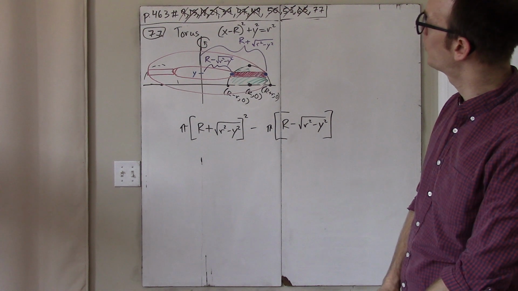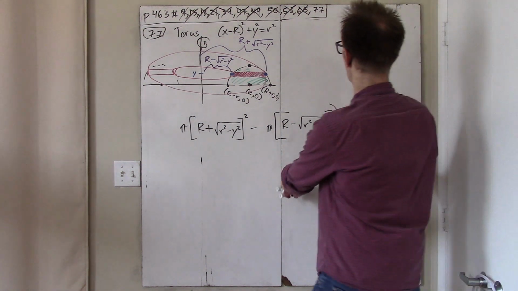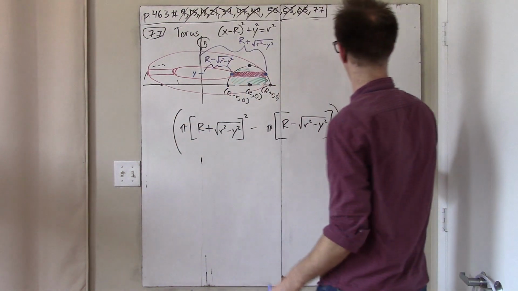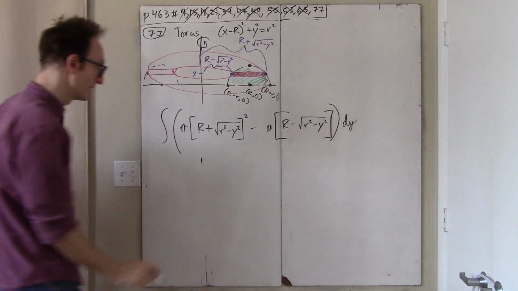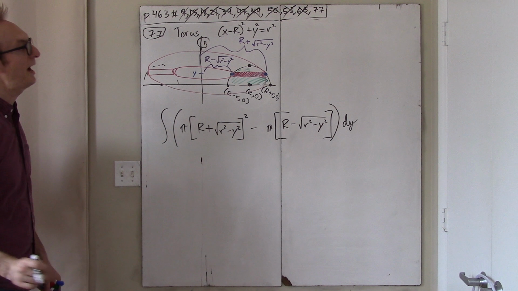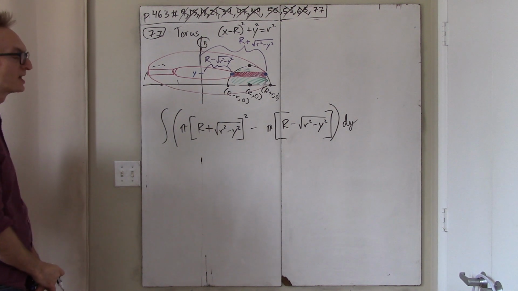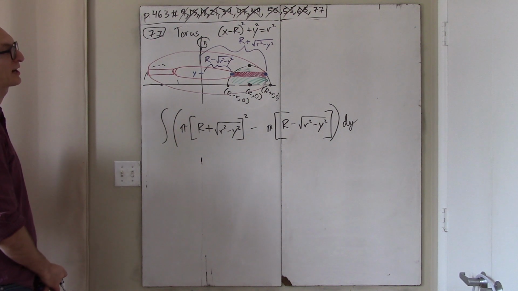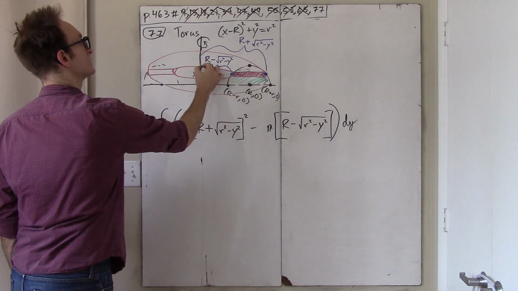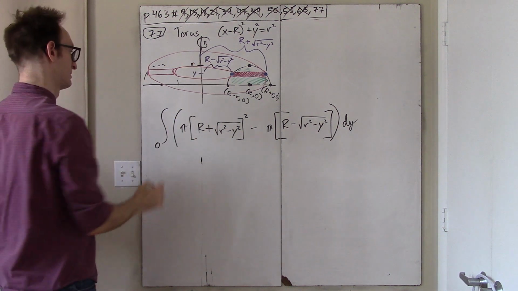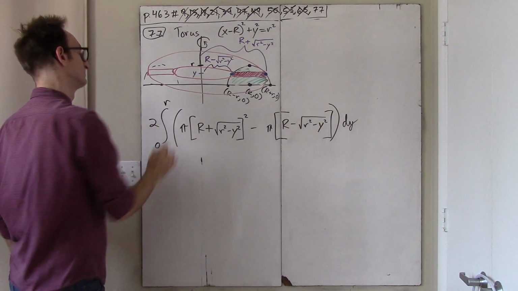Then that whole quantity is multiplied by dy, and we integrate up the y-axis from 0 to little r, where we stop. And then we multiply by 2.